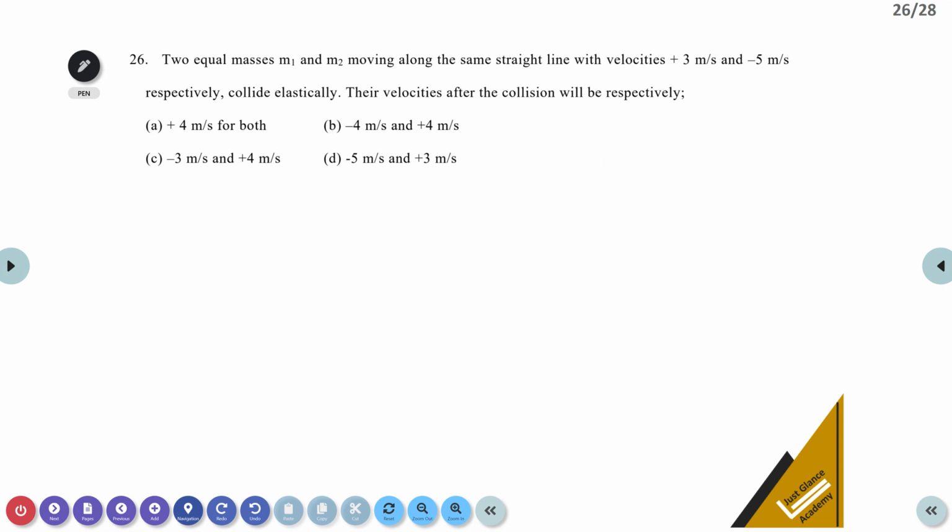Next. Two equal masses m1 and m2 are moving along the same straight line.